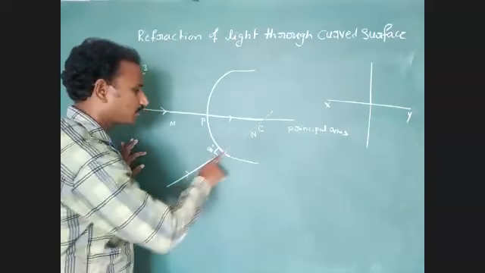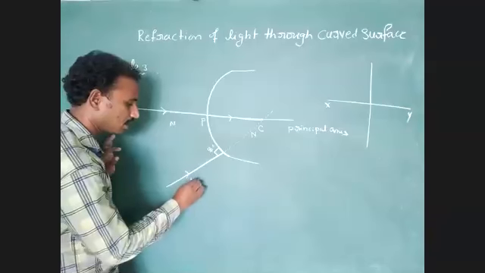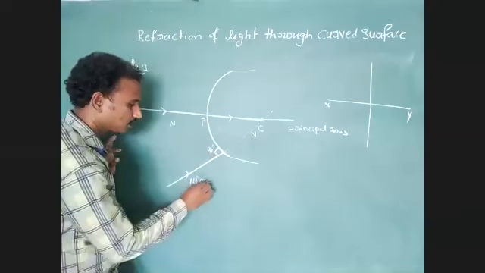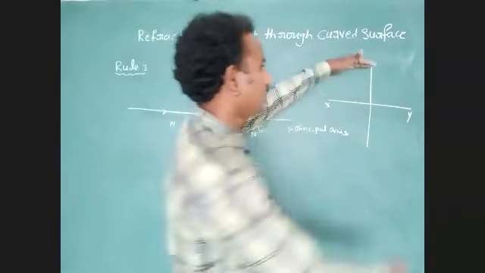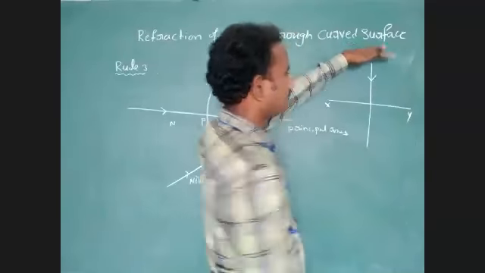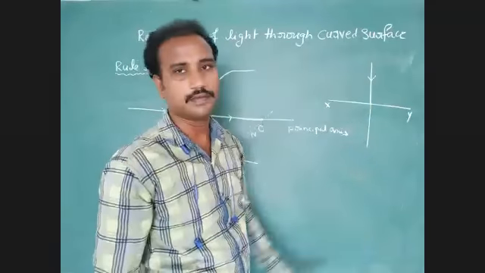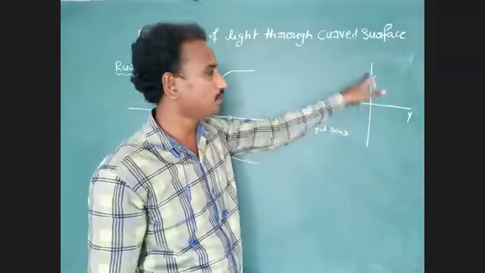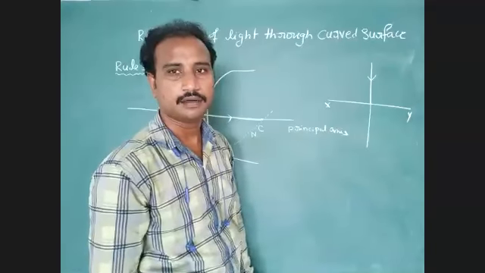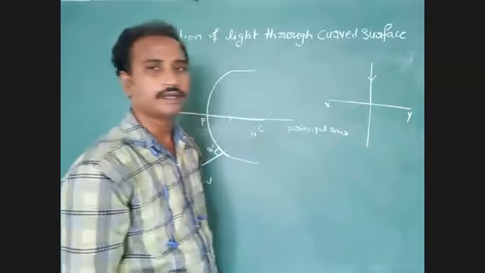The incident ray is following the path of the normal. If the incident ray is following the normal, then the refracted ray direction is the same as that of the incident ray. Yes, we have to identify this point.